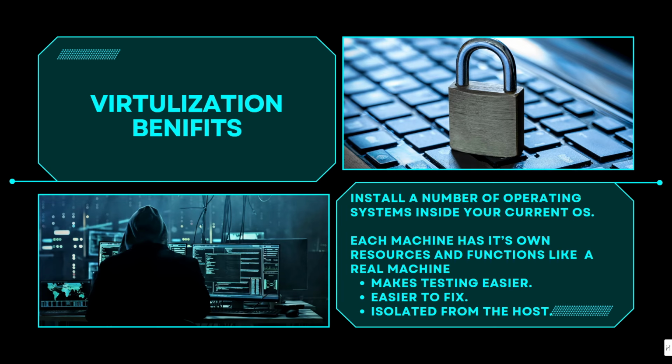Before we move on to Kali Linux, let's make sure you have the right virtualization software. One of the most popular options for running virtual machines is VMware. Let's walk through how to download and install VMware on your system.